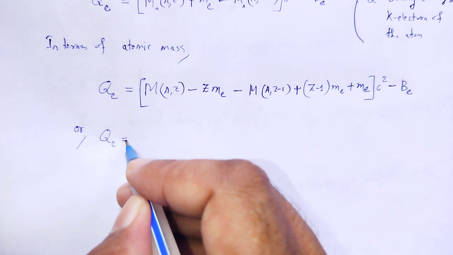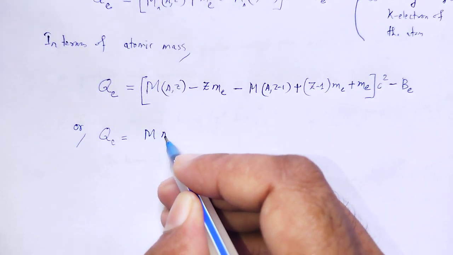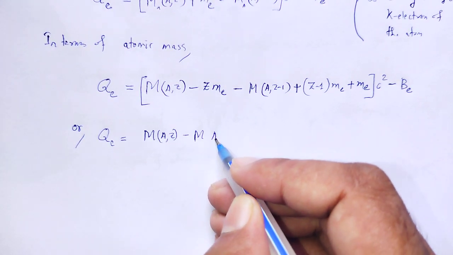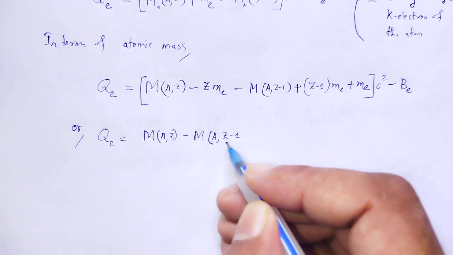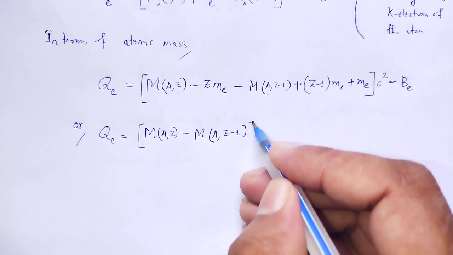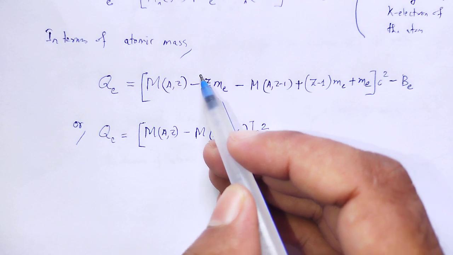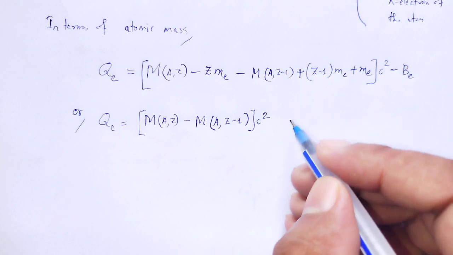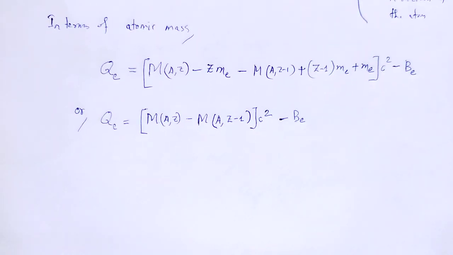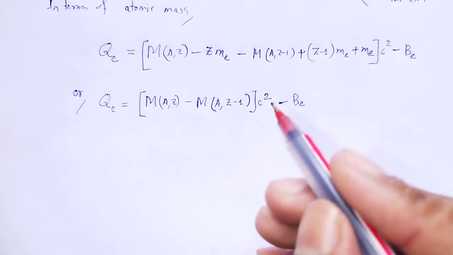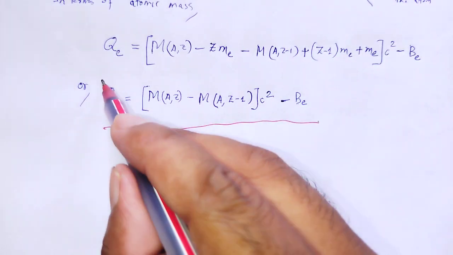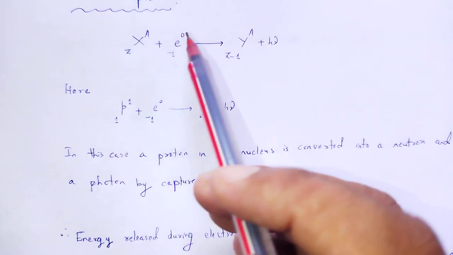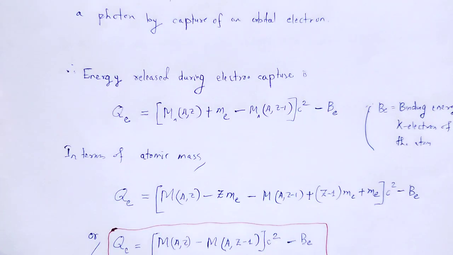Or QE is equal to M A Z minus M A Z minus 1, times c square, where the Z me terms cancel out, minus Be. That is the expression for the energy released during the K capture or electron capture process.